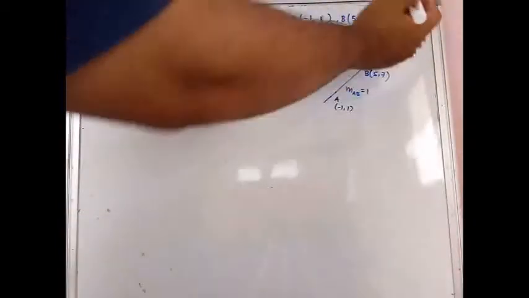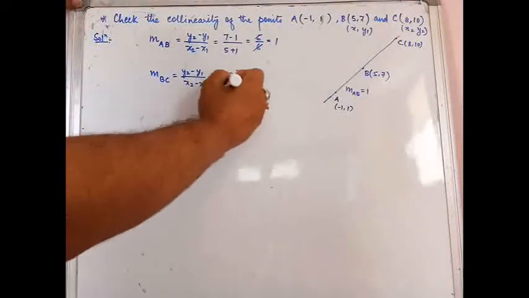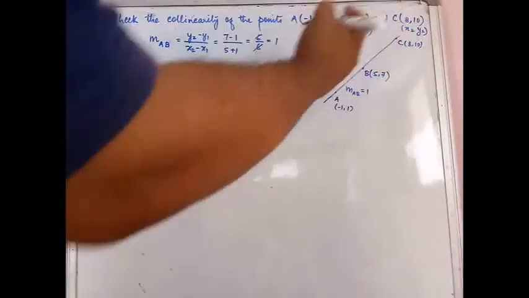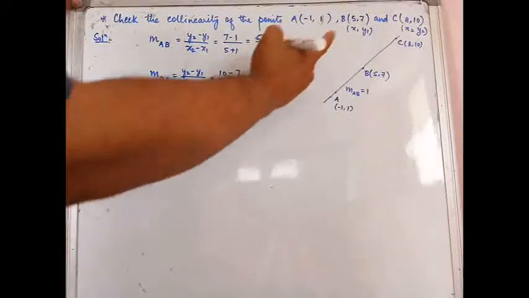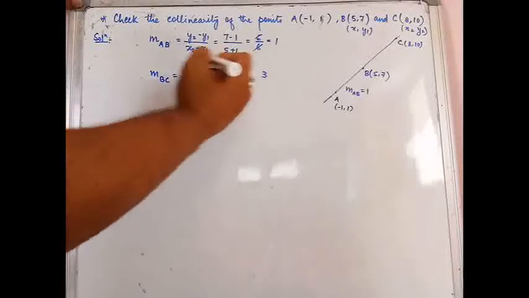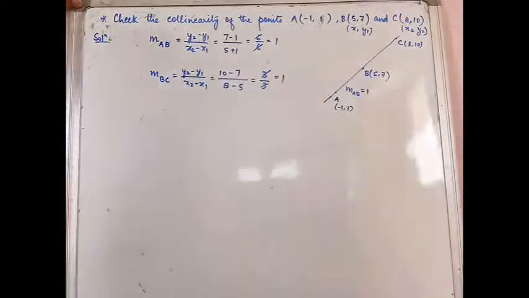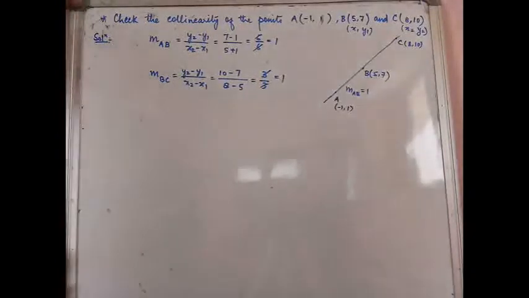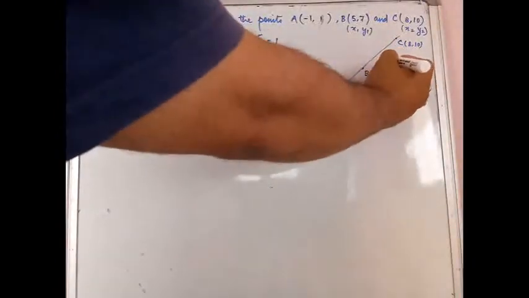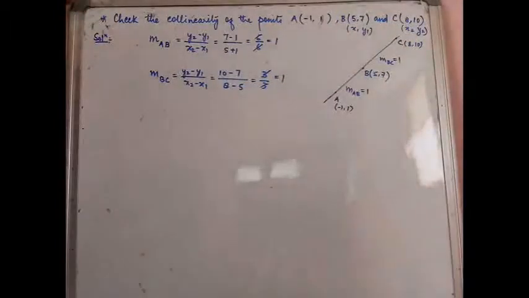So y2 is 10 minus y1 is 7 upon x2 minus x1, so that is 8 minus 5. Okay, so 10 minus 7 comes out to be 3, 8 minus 5 also comes out to be 3, and you get the slope of BC also as 1.